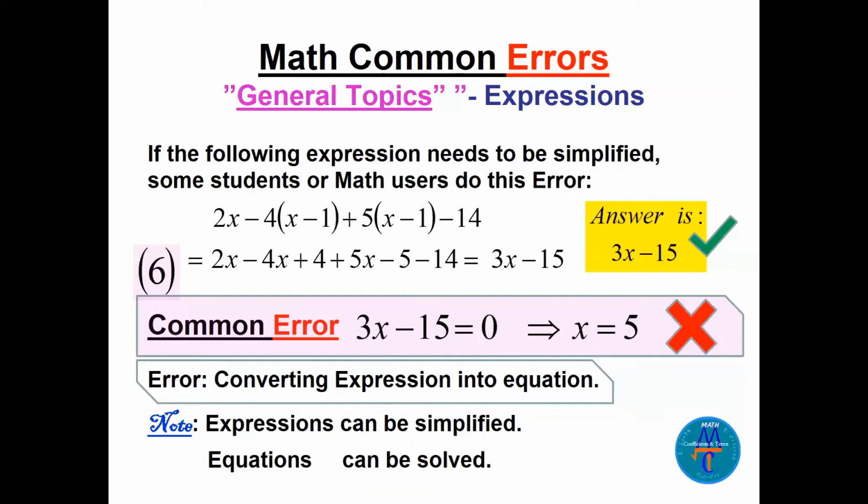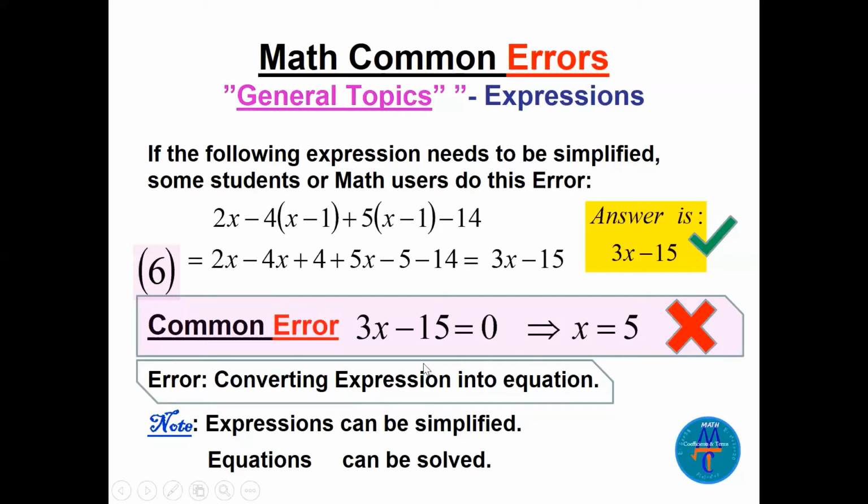We did not say find x, and you are finding x. So you are changing the question. We are saying simplify the expression. That means in mathematics, simplify it and leave. So the error here is converting expression into equation.